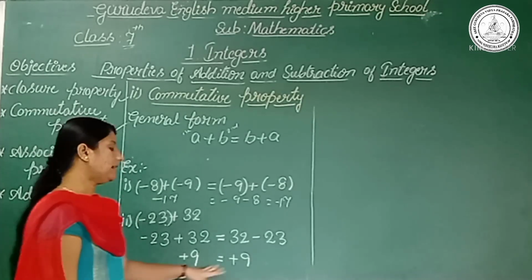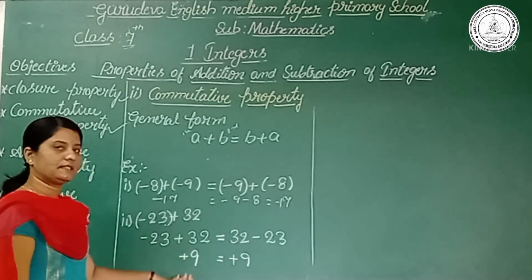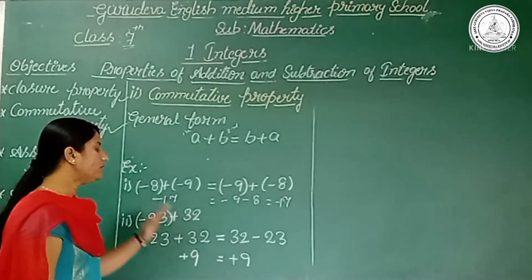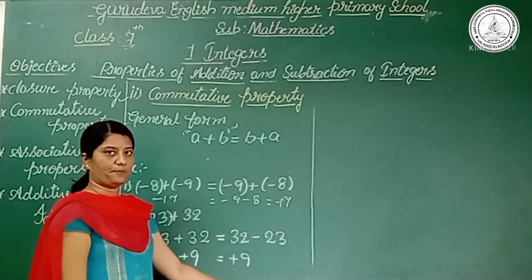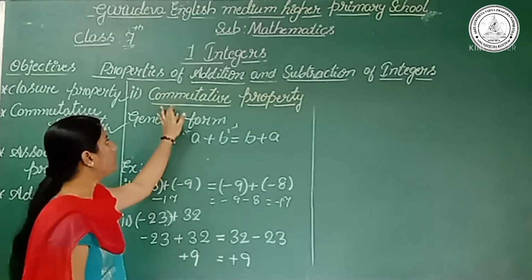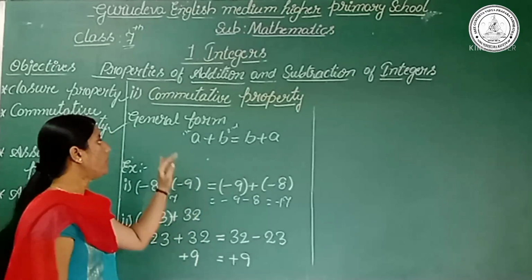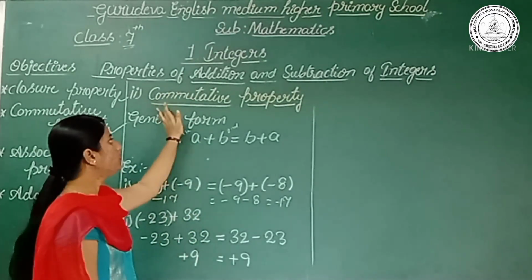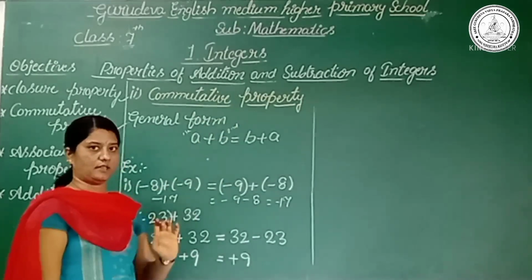So plus 9 and plus 9 are both the same. So if we change the order of the integers, we still get the same sum. So we can say that integers are commutative under addition.